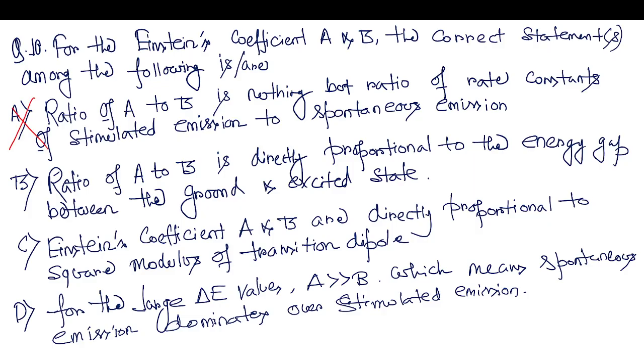The ratio of A and B is directly proportional to the energy gap between ground and excited state, says option number C. Actually, not directly proportional.